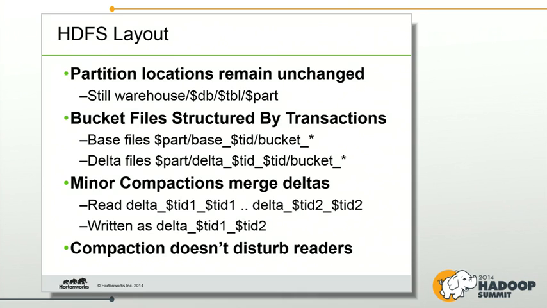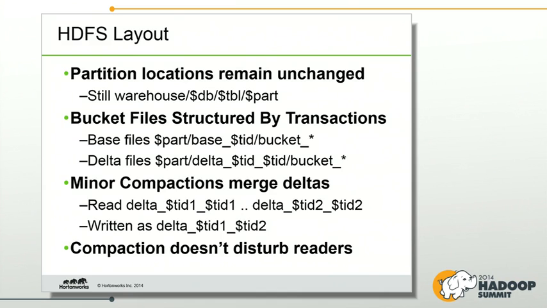What does this look like in HDFS? Because of course Hive is still storing in HDFS. We left the partition locations alone. So Hive stores things as the database, then the table name, and then the partition name. And we're still having the same structure. But instead of just having files at the partition level, now we sort the bucket files into directories based on the transaction IDs.